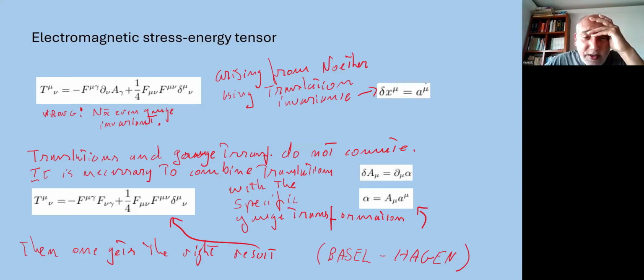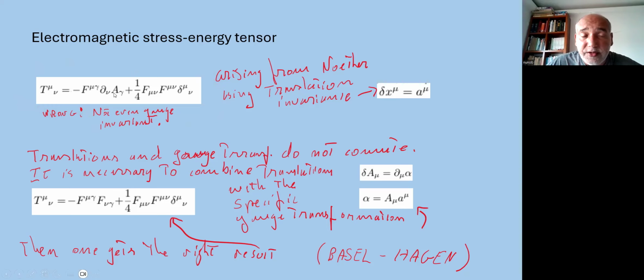Now, what else I was going to talk about is this thing that many people are also not aware of. If we do Noether's procedure to find the stress energy tensor of the electromagnetic field, you get this expression here.